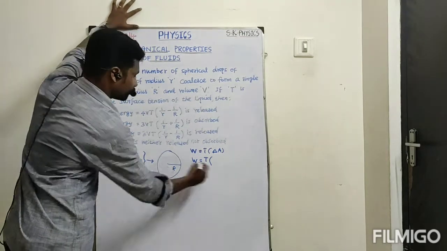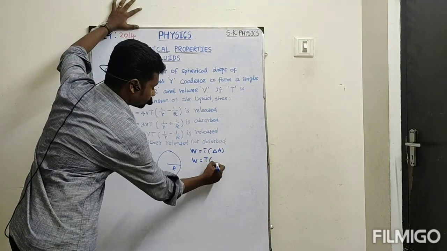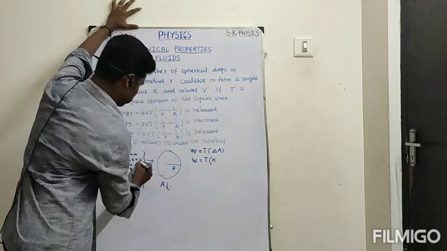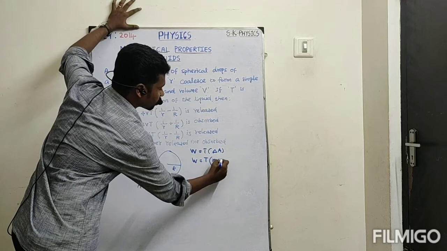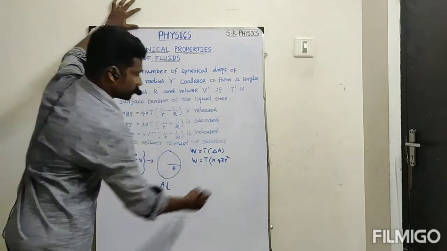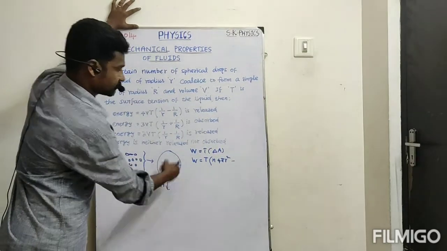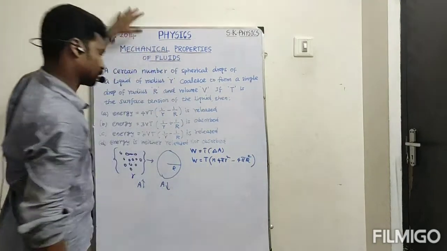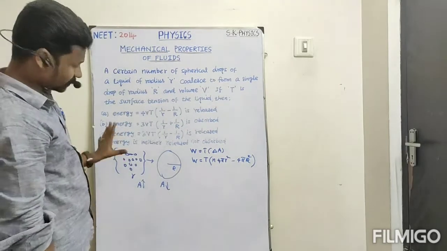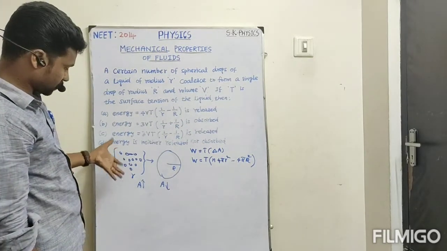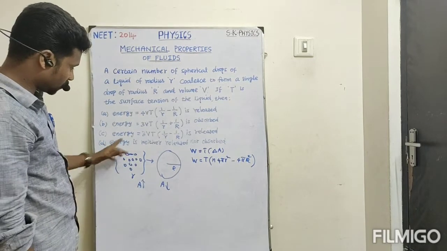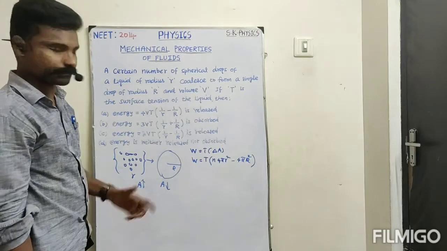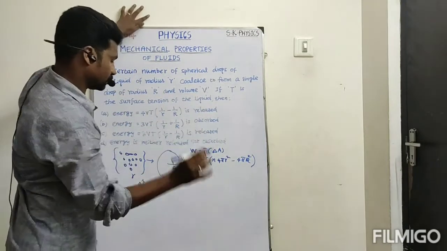So I can write n times the area of each droplet, that is 4 pi r square, minus 4 pi R square, the big droplet. But one thing is constant: the volume of all the small droplets is equal to the volume of the big droplet. So please remember that.